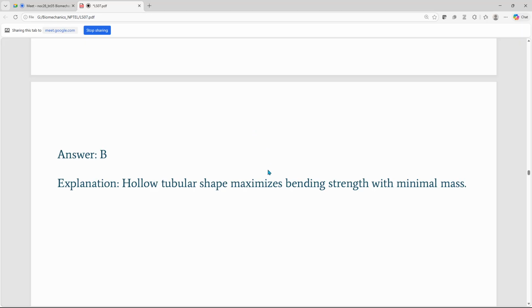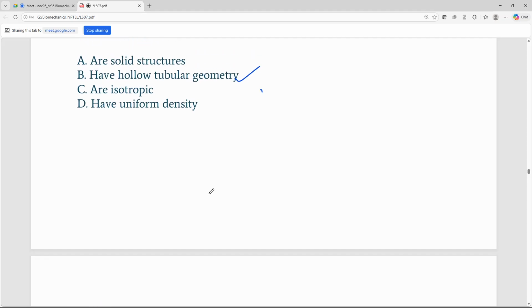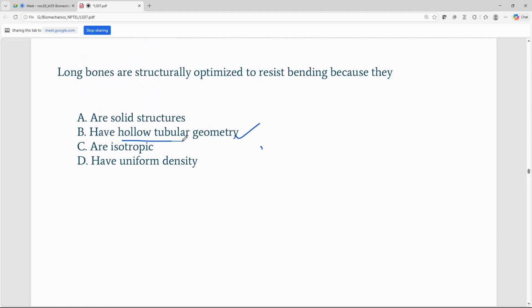That is, it maximizes the bending resistance, and the hollow tubular shape will reduce the mass. So long bones are optimized by having hollow tubular geometry. Option B is the right answer.